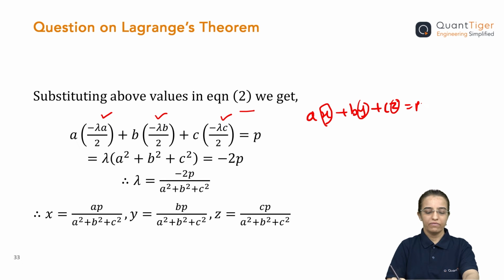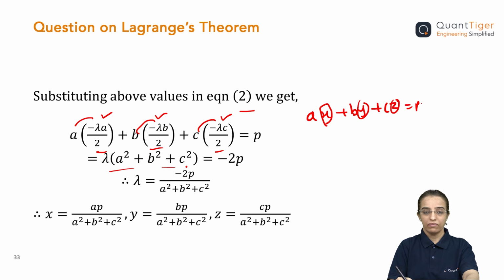After simplification, the 2 denominator is everywhere, so I will shift it to the other side. After multiplication, each a square minus lambda a square plus the other terms, and you will see that lambda we can easily take out common from all the terms. So this is what I have got here.